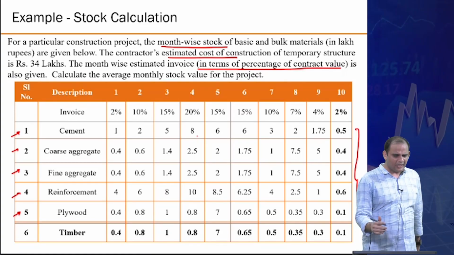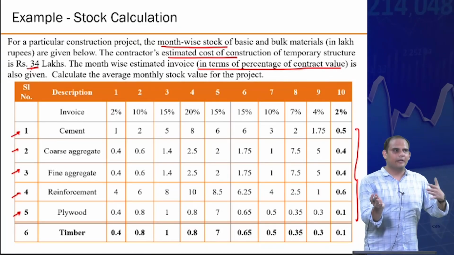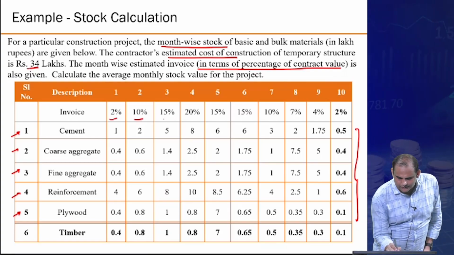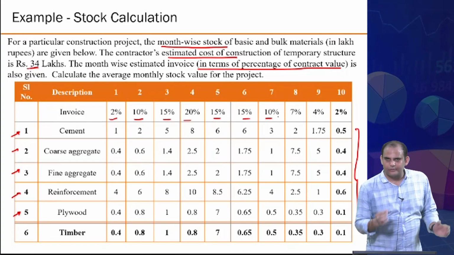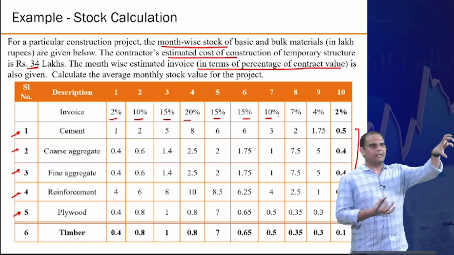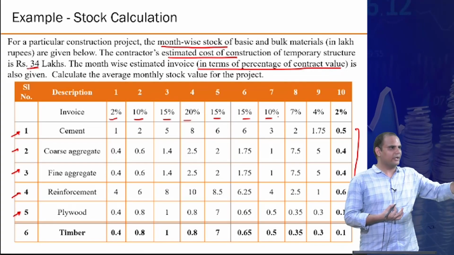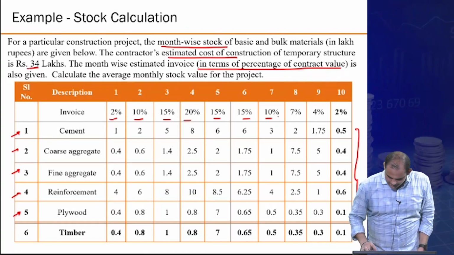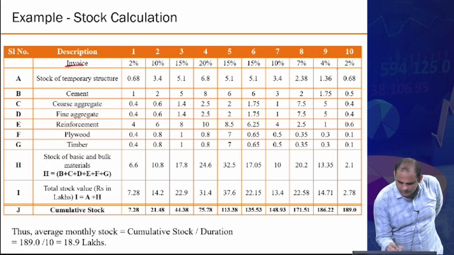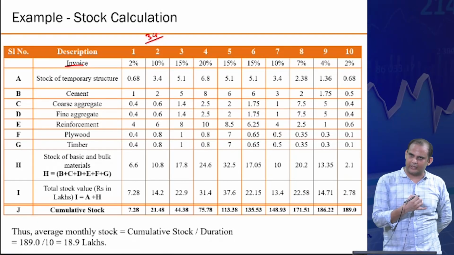And this 34 lakhs, the total that you have estimated for the office equipment and the normal equipment, you distribute according to the invoice percentage, so that you have a monthly breakdown of the average stock, because that is common for all the facilities. So how do you distribute it on a monthly basis? According to the invoice percentage, right? So the total stock calculation is simple. The invoice is given to you as a percentage. 34 lakh is the total overhead stock that you have calculated.